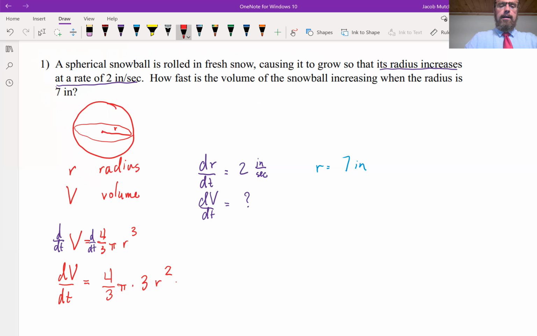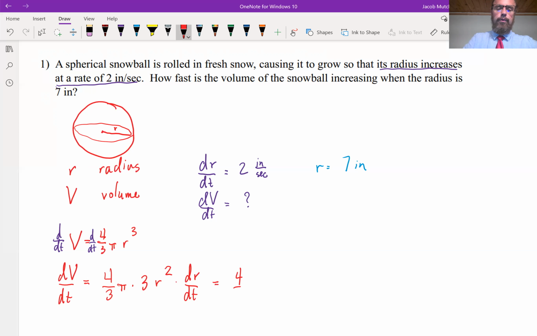And then times this differential, the change in radius with respect to time. So now I can see that the rate that I'm looking for, dV/dt, is solved on the left. So all I need to do is substitute in values for the radius and for dr/dt. So let's make those two substitutions.